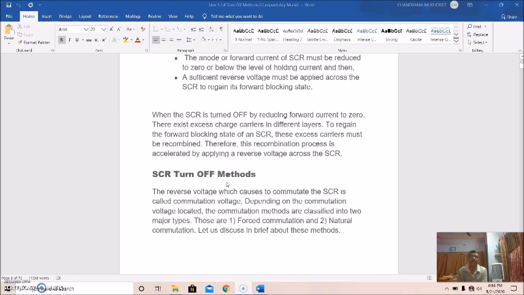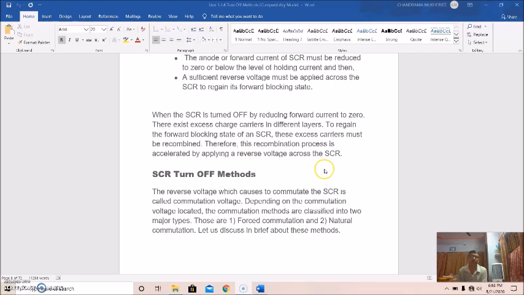When the SCR is turned off by reducing the forward current to zero, there exist excess charge carriers in different layers. You know, thyristors are 4-layer devices, PNPN. So when the thyristor is turned off by reducing forward current to zero, excess charge carriers must exist in the different layers. To regain the forward blocking state of an SCR, these excess carriers must be recombined.